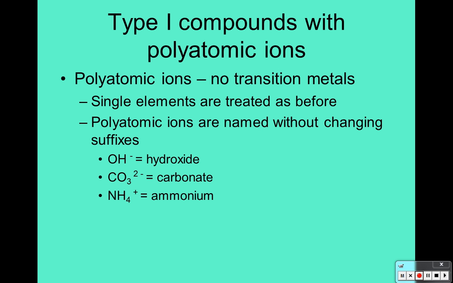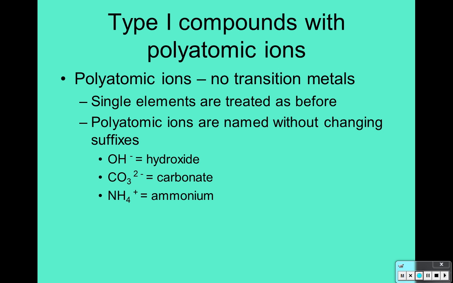If there are single elements, for example OH- could bond with an Na+ sodium ion, then we still treat them exactly how we did before. So we would still just say sodium, or if NH4+ is bonding with a Cl-, we would call the Cl- chloride. But polyatomic ions are just given their name without changing any suffixes.